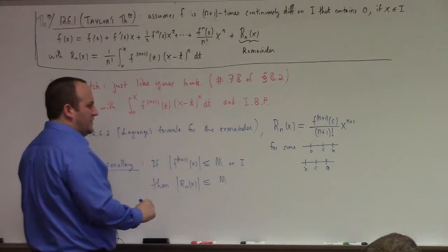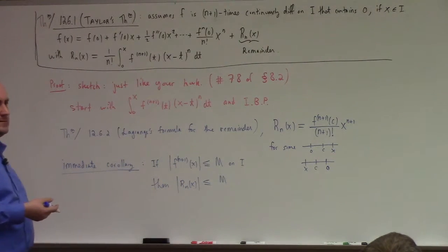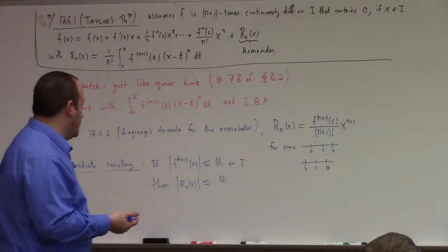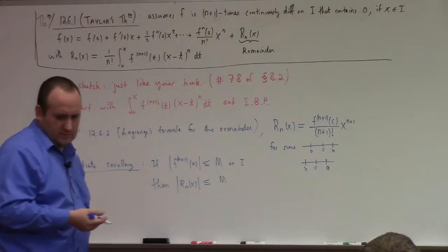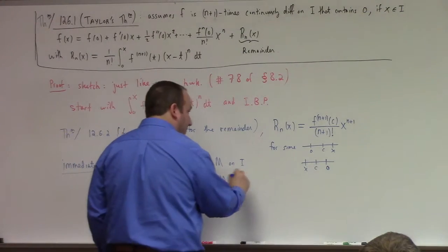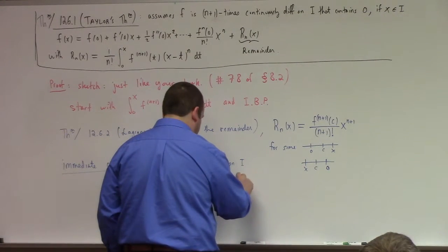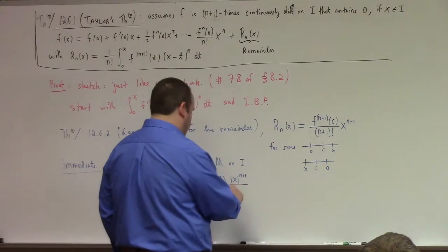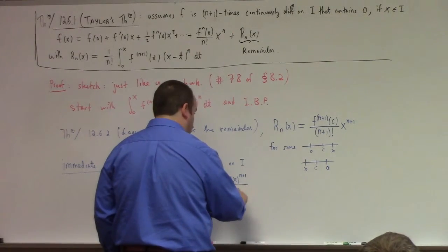And the x should be what? Well, I guess I just leave it absolute value of x to the n plus 1 divided by n plus 1 factorial.